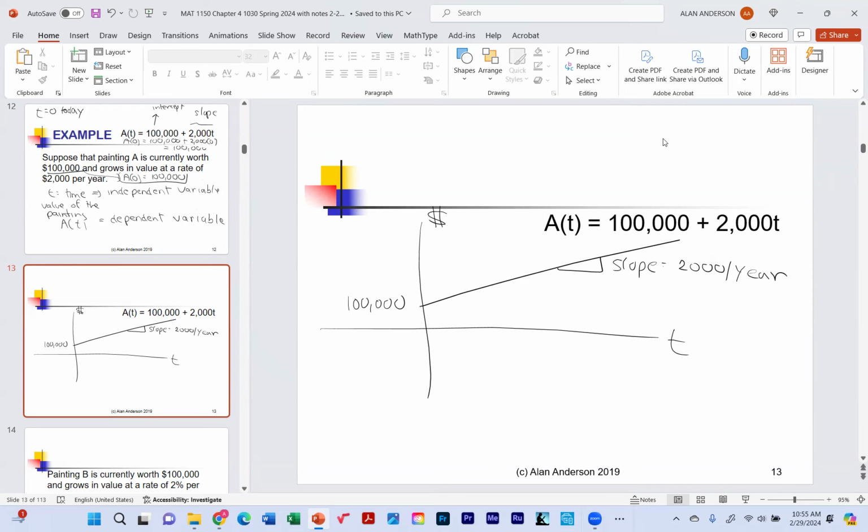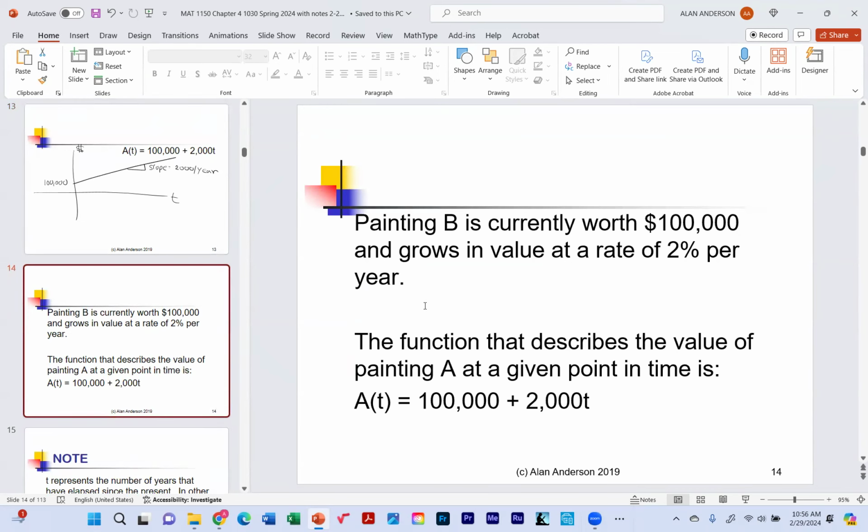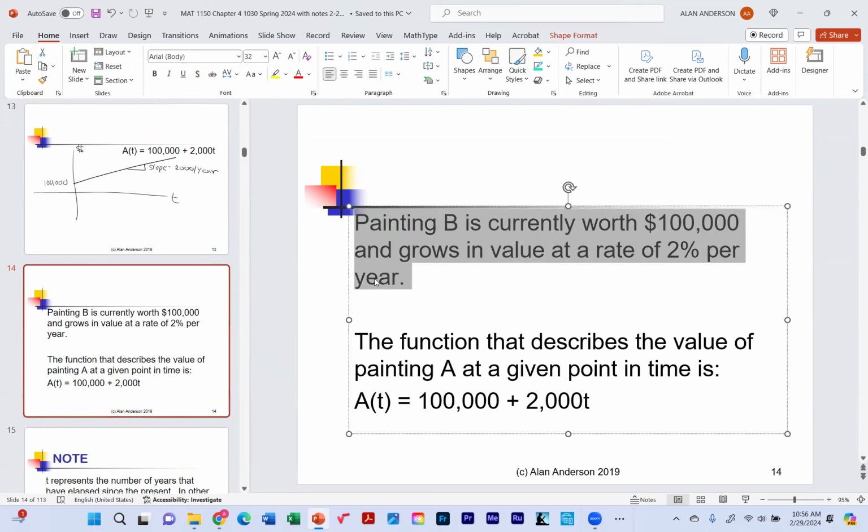And that's a very different ballgame because now the growth depends on how many years have elapsed. Instead of a constant 2,000, the slope will actually increase over time. So this one starts out at 100,000 and then it grows at a rate of 2% per year. So this one can be modeled as an exponential function.